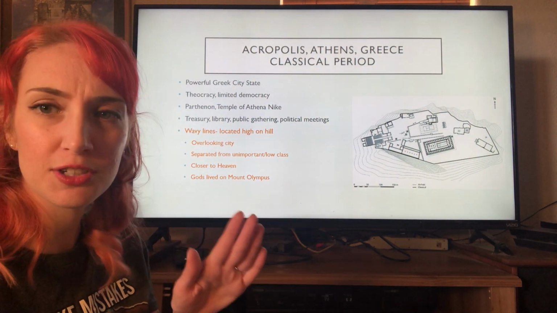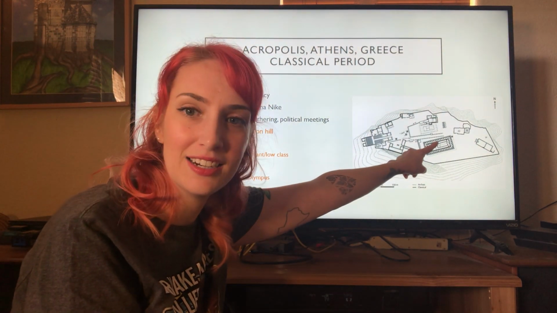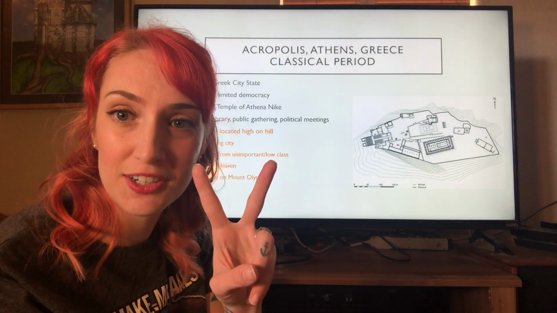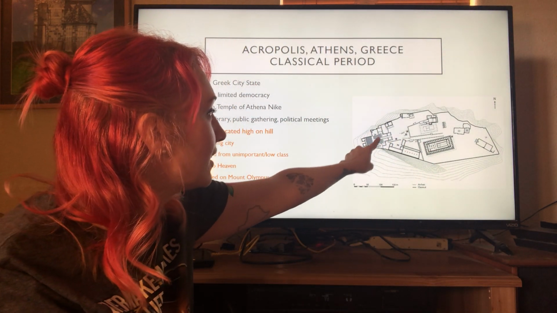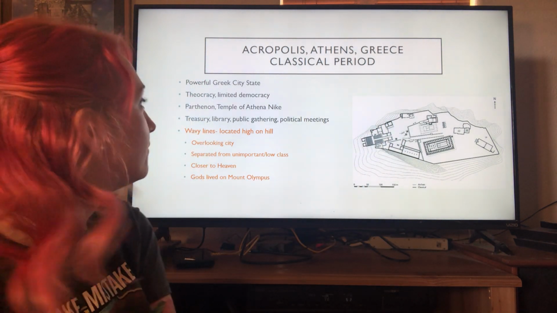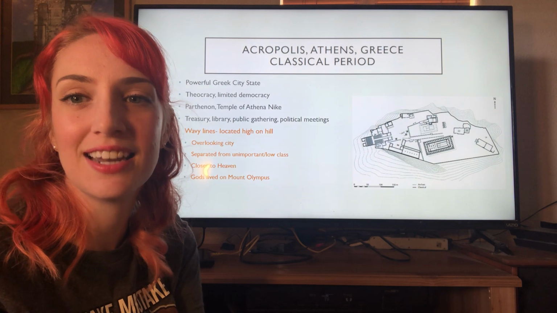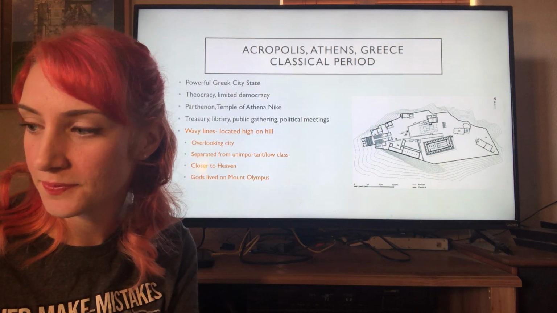Our two most important buildings at the Acropolis are the Parthenon over here, which actually had two functions that we'll get into, and then way over here, right here at the entrance, that is where the Temple of Athena Nike Victory is, and we'll talk about that in a moment as well.